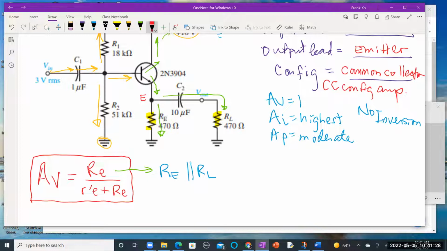What's my resulting ohms? Sorry, one second. I'm going to grab my calculator real quick.